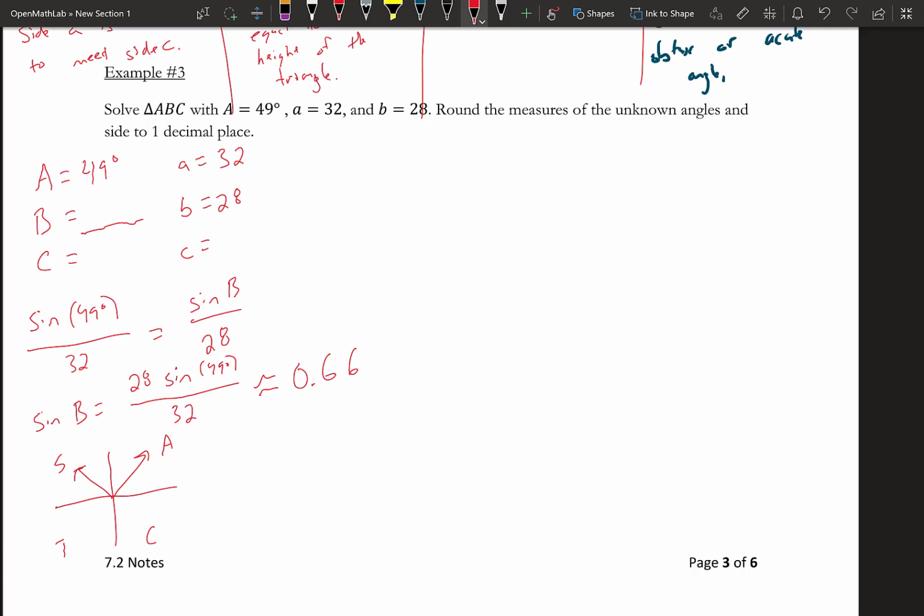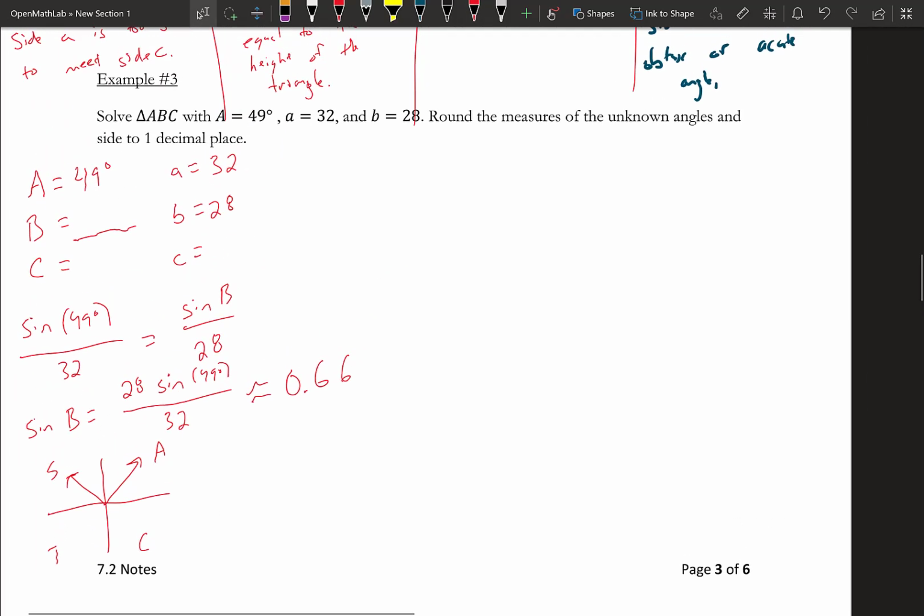So this is x prime, the reference angle. So I found x prime to be equal to arc sine of 28 times sine of 49 degrees, all divided by 32, which is approximately 41.3 degrees.